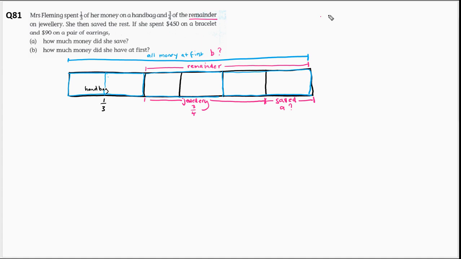So for jewelry, we've got 450, and we add 90. 450 add 90 is 540. I'm not putting in the units at the moment, but there won't be any confusion as long as I put them into my answer. So what's the jewelry? That's this bit here, that's 540.